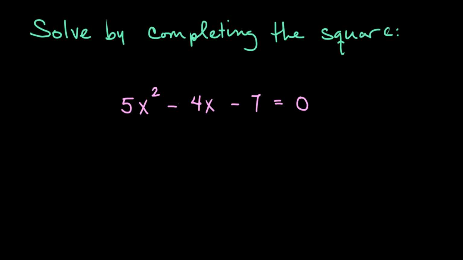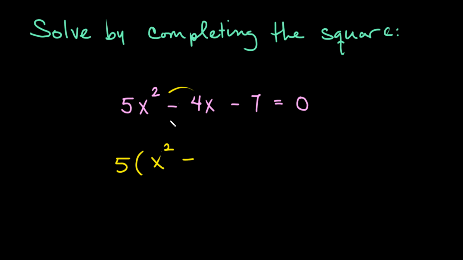So as we saw in the last video, we have to deal with that 5. We have a coefficient on the x squared that's not a 1. We need it to be a 1. We're going to have to factor out the 5. So we rewrite this as 5 outside parentheses x squared minus, now remember when you factor out a number, what gets left behind in the parentheses is every term divided by that number.